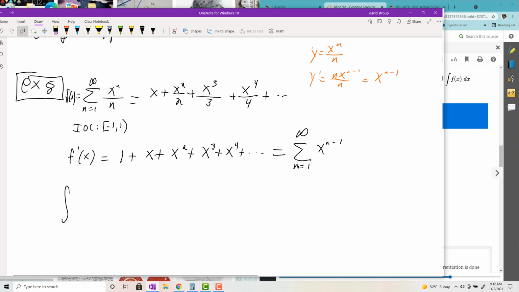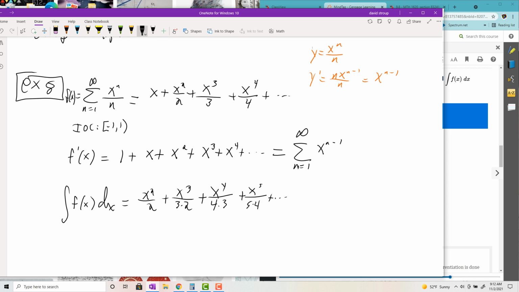So the integral of f of x dx is going to be x squared over 2 plus x cubed over 3 times 2 plus x to the 4th over 4 times 3 plus x to the 5th over 5 times 4 plus dot dot dot plus c. Then let's do the integral of the general term, x to the n over n with respect to x.